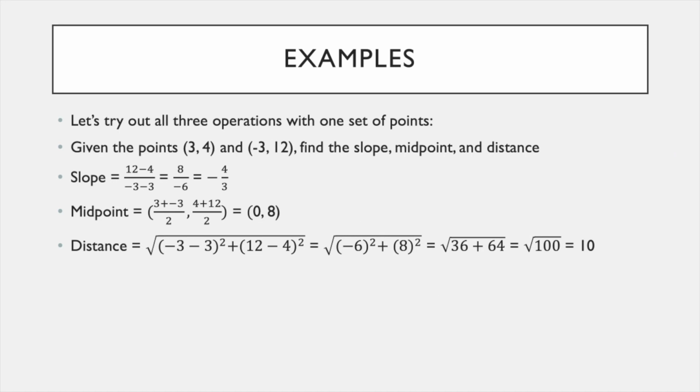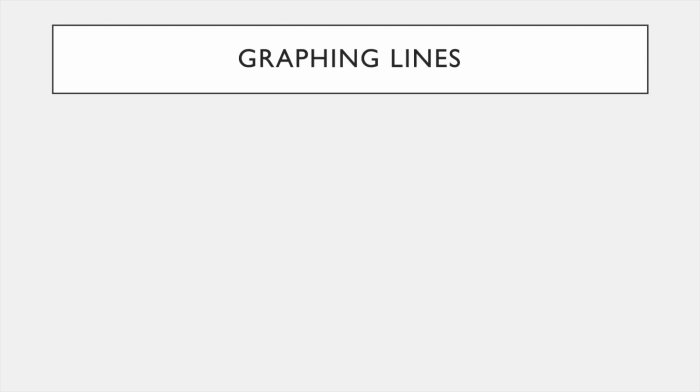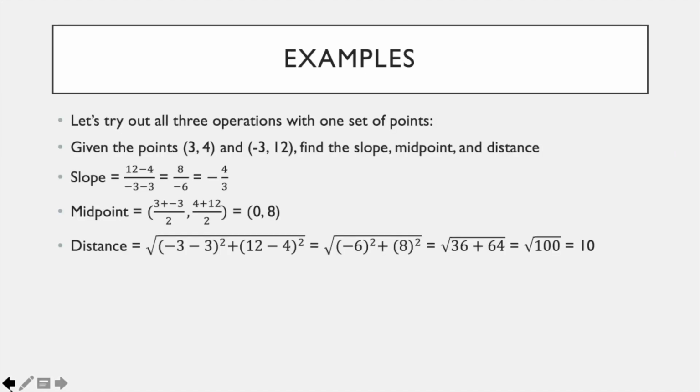And then 12 minus 4 is 8, and we're going to square that. Negative 6 squared is 36, 8 squared is 64, 36 and 64 is 100, and the square root of 100 is 10. So the distance between those points is 10. So there we go. Slope, midpoint, and distance.